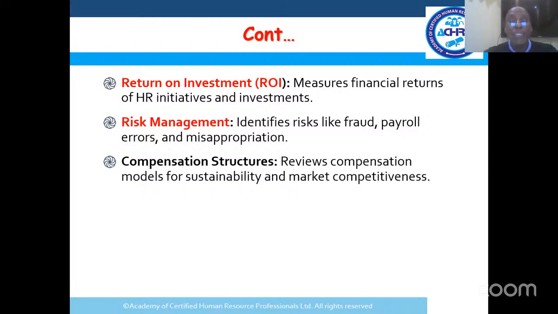By compensating employees appropriately, we are able to attract and retain those high quality performers. So the compensation structures must be designed in a way that they are able to attract and retain employees so as organizations can remain competitive in the market.